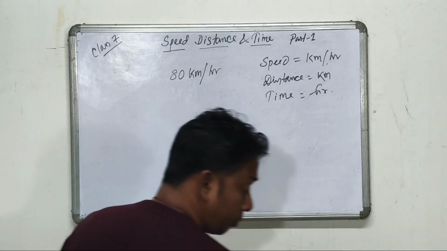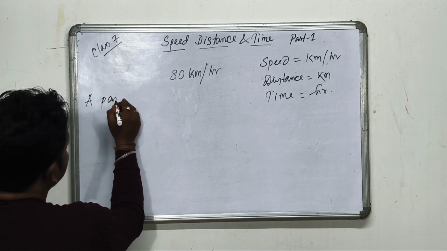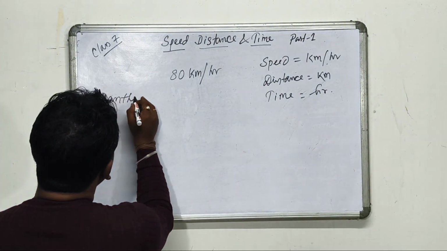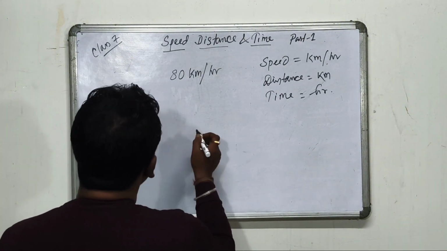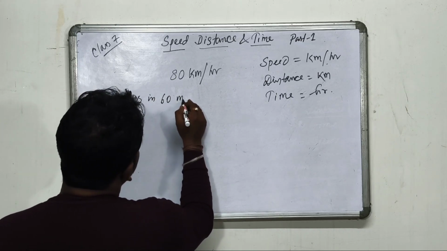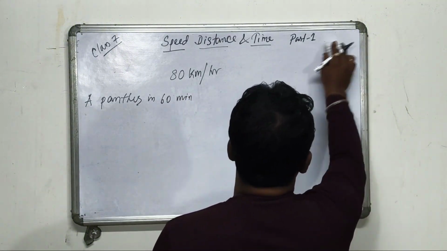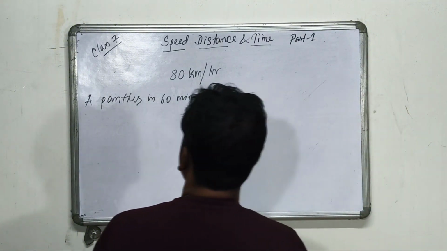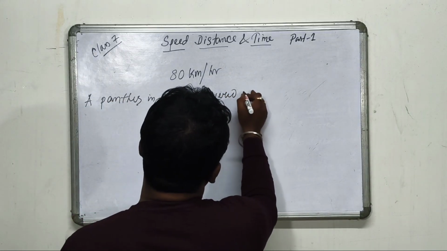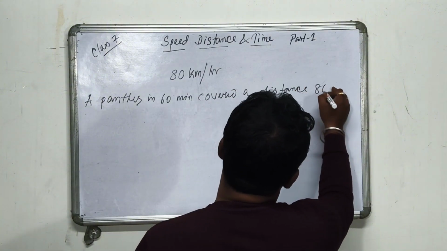So here they are asking about 90 minutes. A panther runs at the speed, in 60 minutes covers a distance of 80 km.